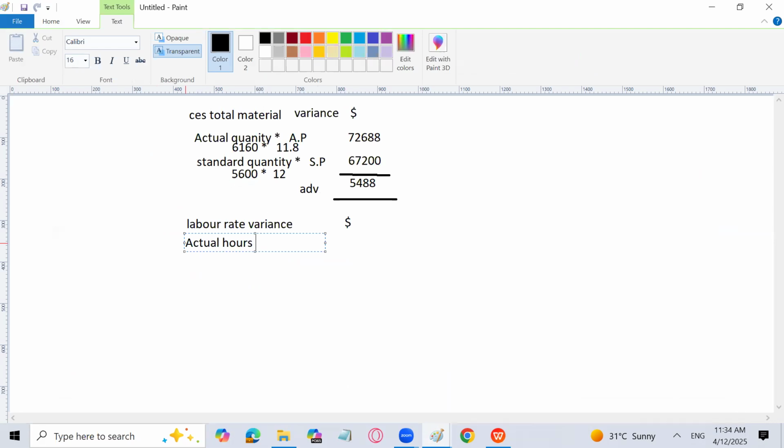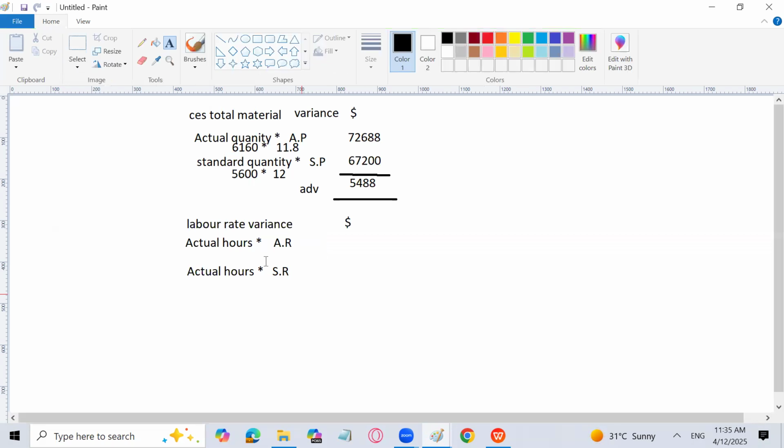So actual hours into actual rate, and then actual hours into standard rate. Because the difference will be only because of the rate. That is why it is labor rate variance. Hours will remain the same and rate will change: actual rate and standard rate.